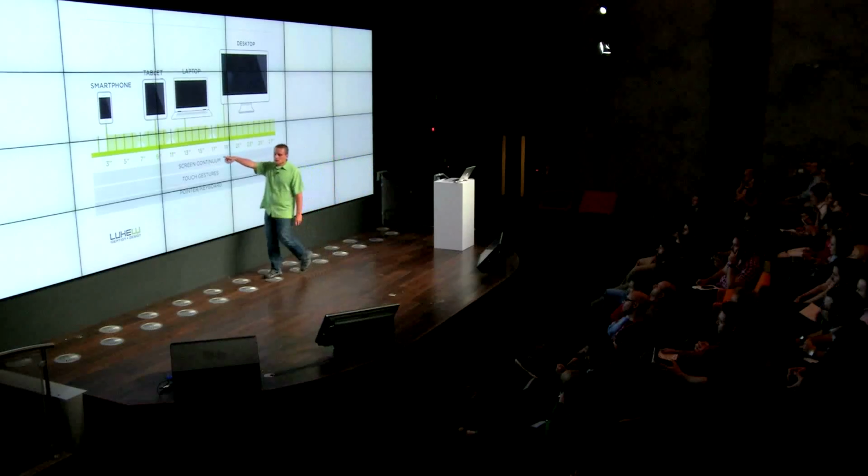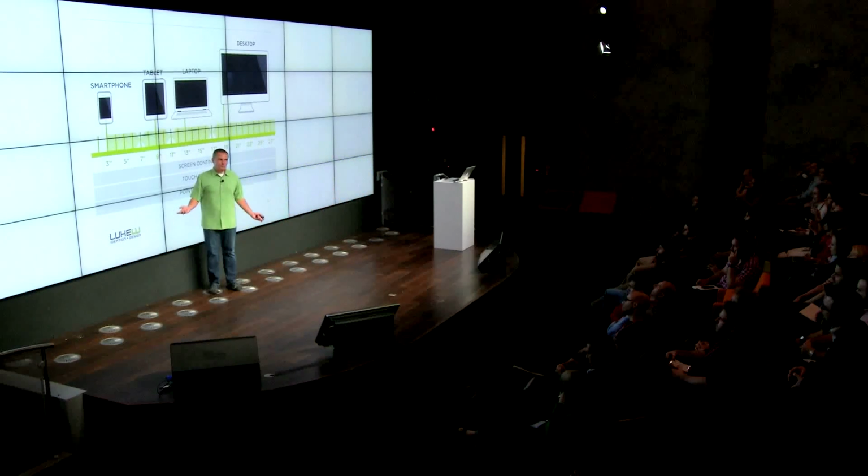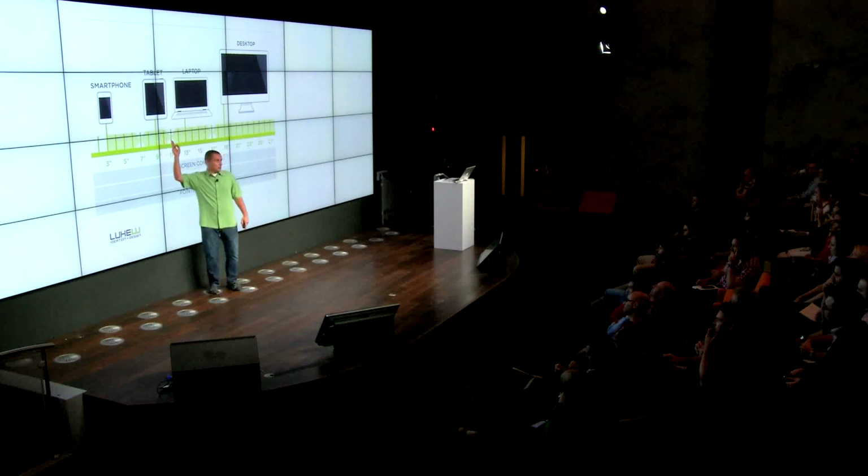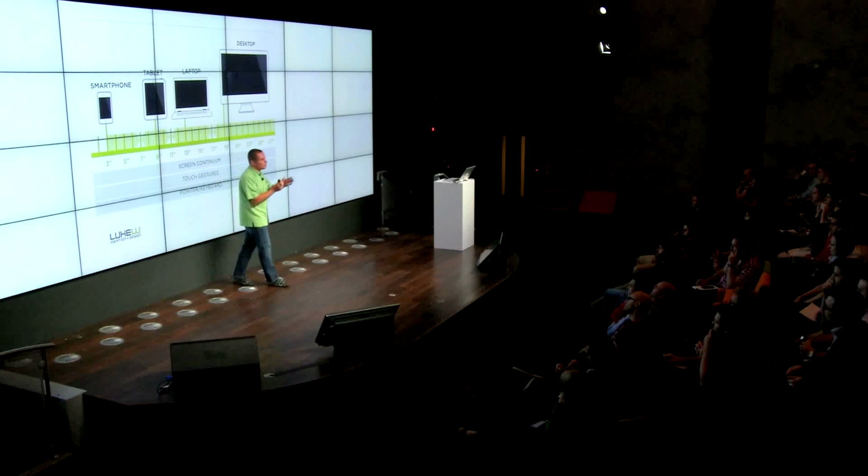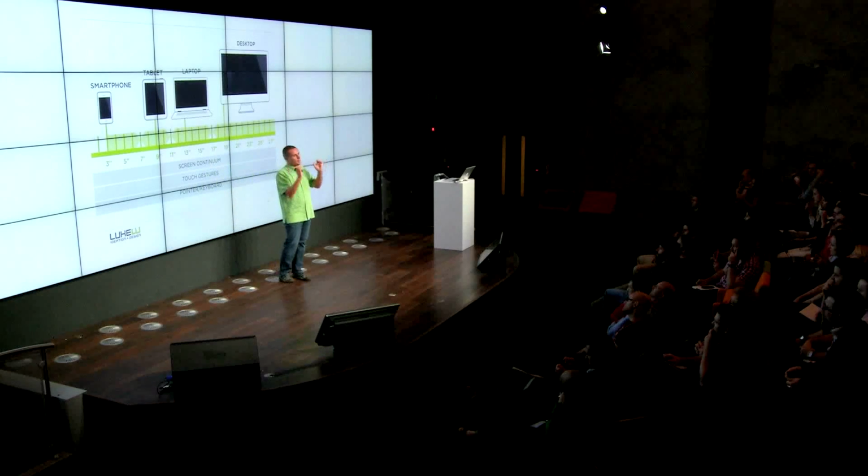And what I mean by that is, even if you're building something for the web that's only going to run on phones, what's a smartphone today? Is it 3.5 inches or is it 7 inches? Okay, what's a phablet? What's a tablet? Where do you draw the line? So even if you're building only a mobile-only site, you actually have a range of sizes that you need to deal with.